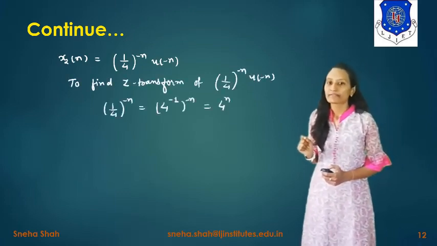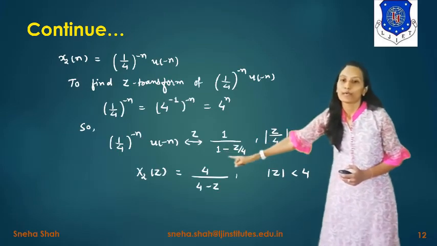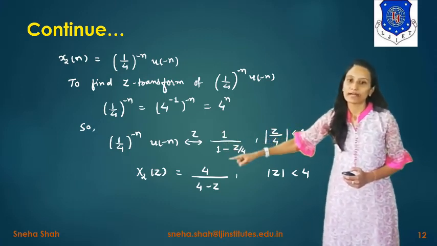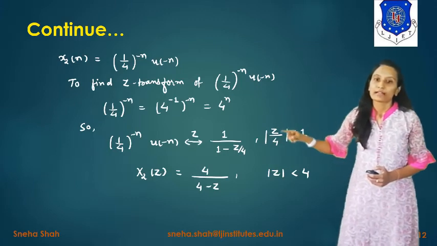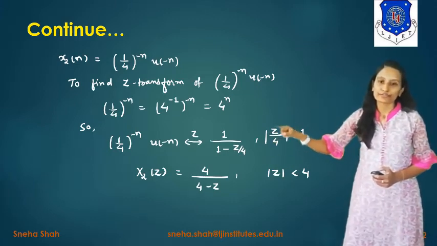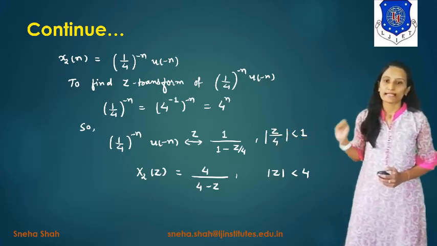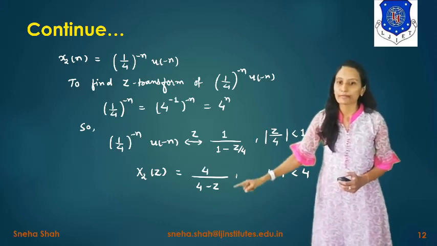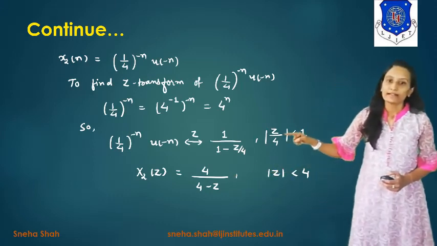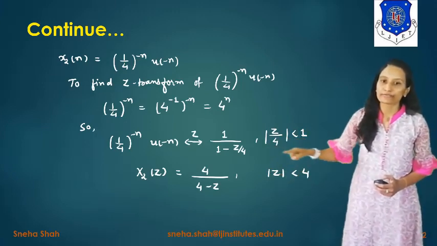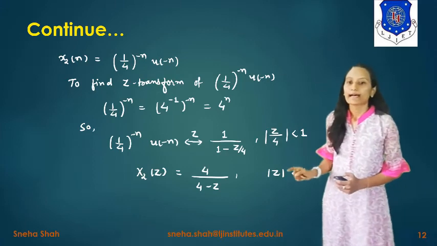After comparison, the Z transform of (1/4)^(−n) u[−n] will be 1 upon 1 minus Z/4, and the ROC will be Z/a with a equals 4, so Z/4 should be less than 1. Simplifying, the final answer is 4 upon 4 minus Z, and the final ROC is |Z| less than 4, because 4 goes over here. Now this one is the Z transform of the second sequence.